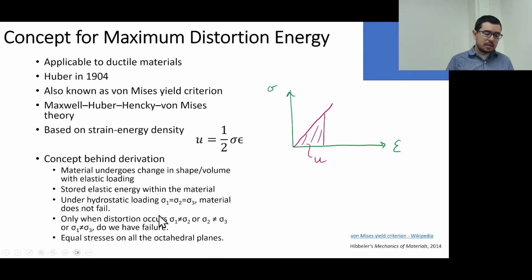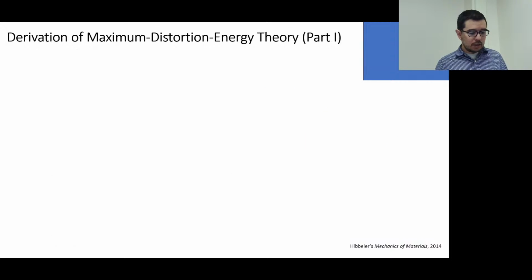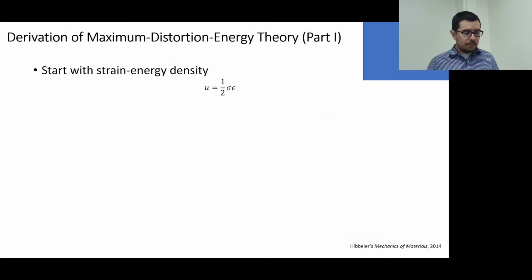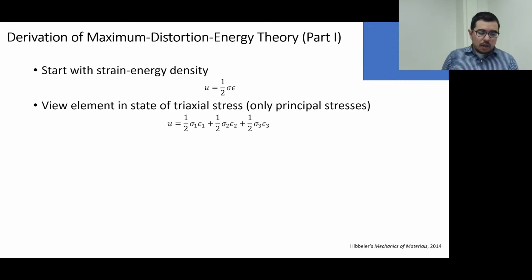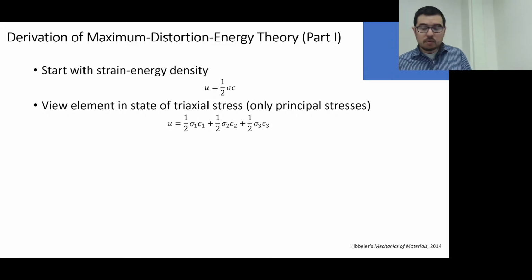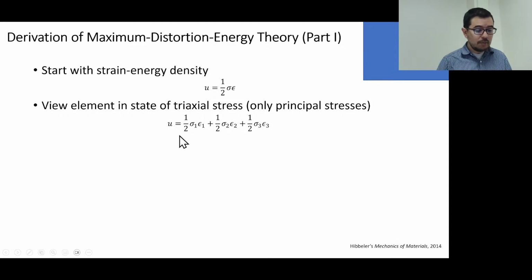This is something kind of beyond us, but you can think of these systems where they draw octahedral planes with equal stresses on them. We're not going to dive into it that much. Let's start with the strain energy density. If we have only principal stresses, the state of triaxial stress, then the strain energy is equal to 1/2 sigma 1 epsilon 1 plus 1/2 sigma 2 epsilon 2 plus 1/2 sigma 3 epsilon 3.